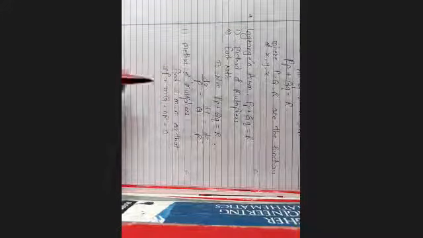Either they can be constant or this can be function of x, this is y and this is z, or this can be the combination. Okay, if this is 0, then we can write L dx plus M dy plus N dz is also 0.